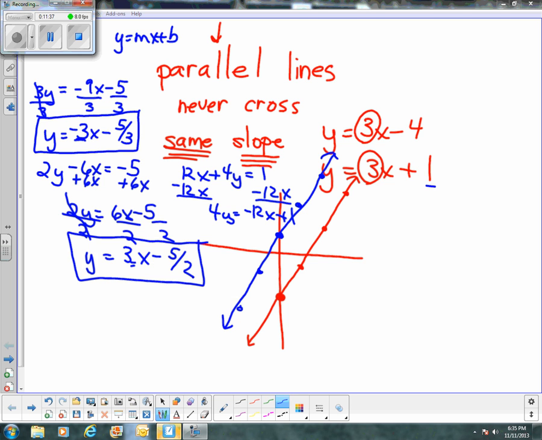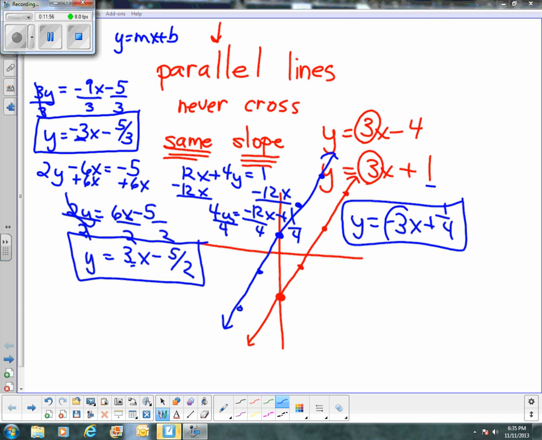Divide everything by 4. And we get y equals negative 3x plus 1/4. The slope here is negative 3. So these two lines are parallel.